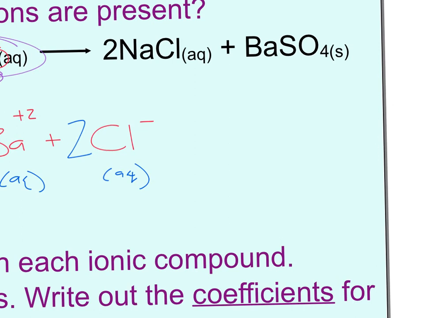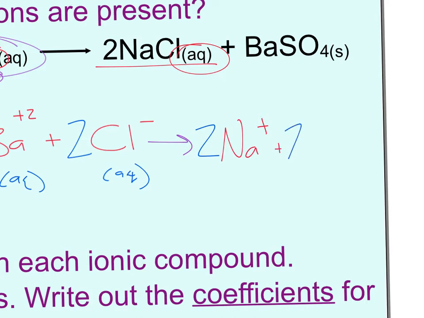Now I'm just going to continue over here with the products. So now I'm going to do the sodium chloride because it's aqueous, so it's split apart into its ions. I'm going to write it out like this: 2 Na+, and then 2 Cl-.